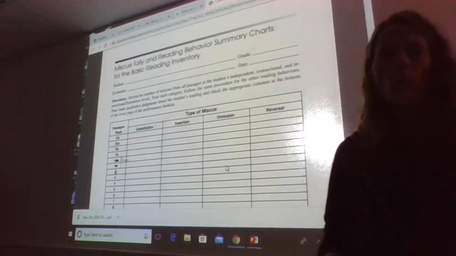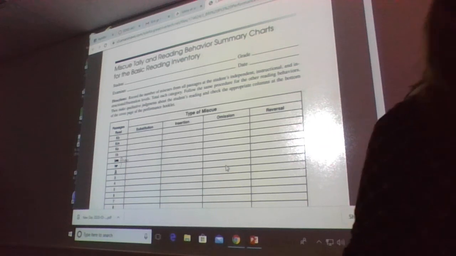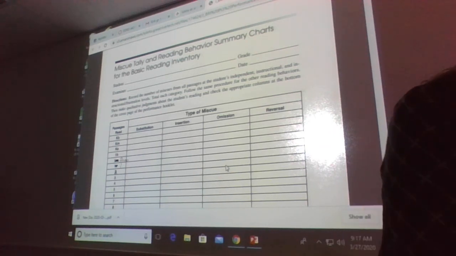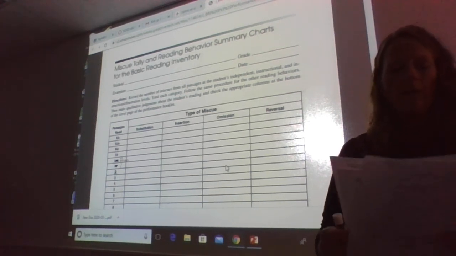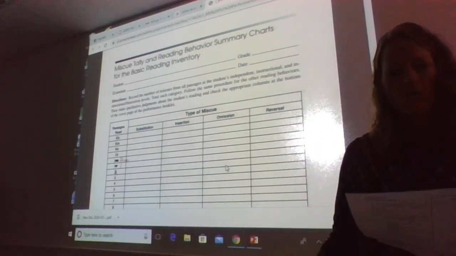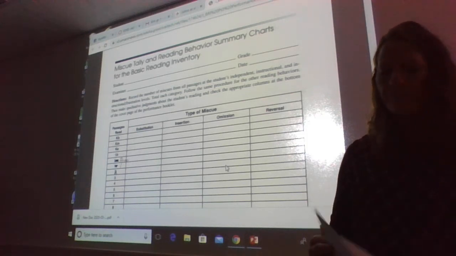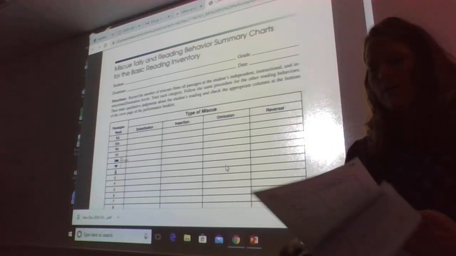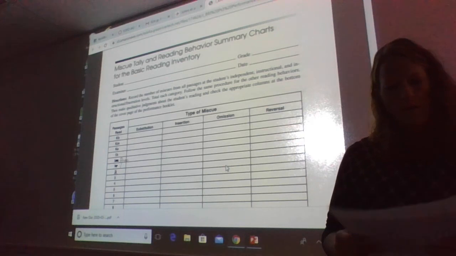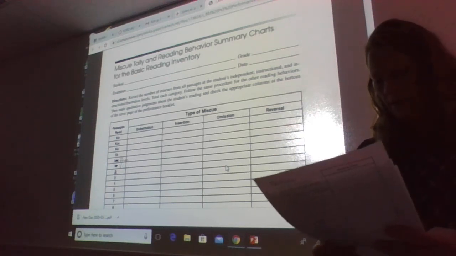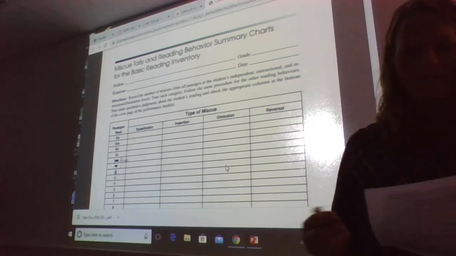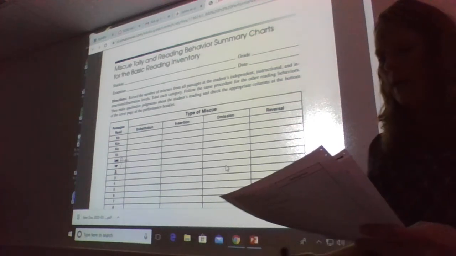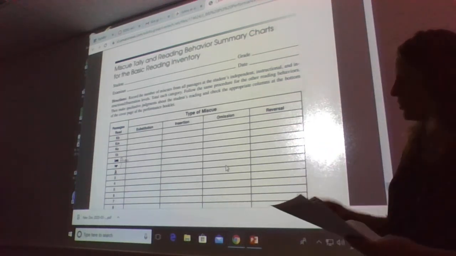So on this form, what I'm going to do is look through all of the pages that my student has read, and we're still looking at the oral reading here, not the comprehension. When I look at his first passage, which is passage B, for the primer level, I am going to count across the bottom how many substitutions, insertions, repetitions, and we're going to do this by level.